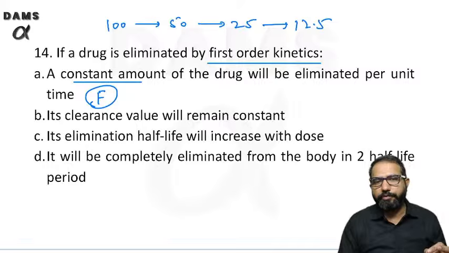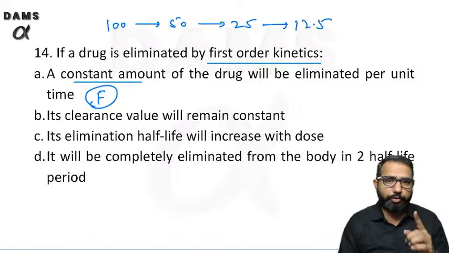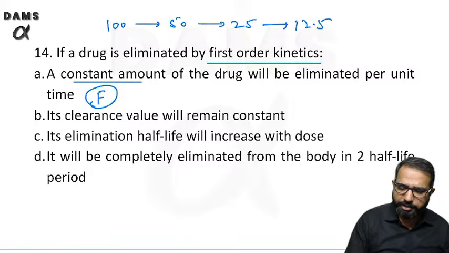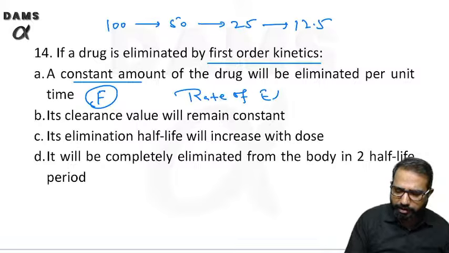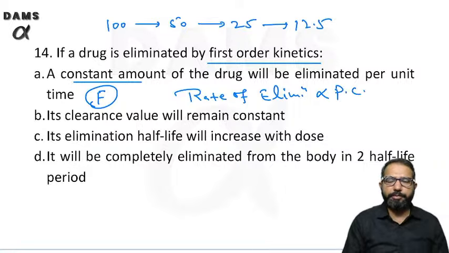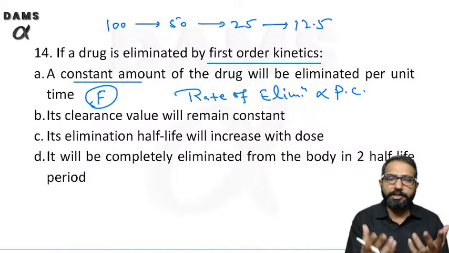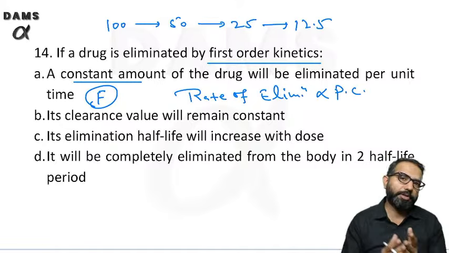Its clearance value will remain constant. Yes, clearance, I told you the formula: rate of elimination divided by plasma concentration. And you can see in first order, rate of elimination is directly proportional to plasma concentration, because rate of elimination is amount per unit of time. It depends on plasma concentration.